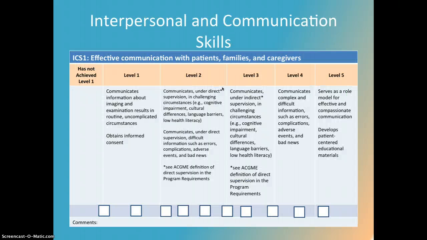Interpersonal and communication skills. 1 is with patients, families, and caregivers. The language here states that as you progress, you are able to communicate under more and more challenging conditions with less and less supervision.